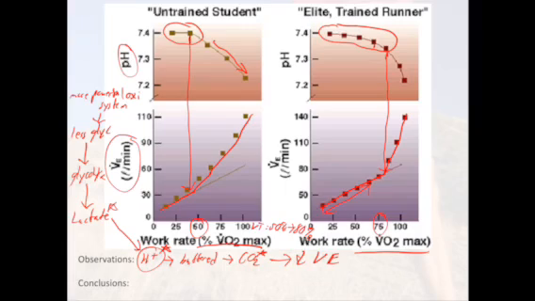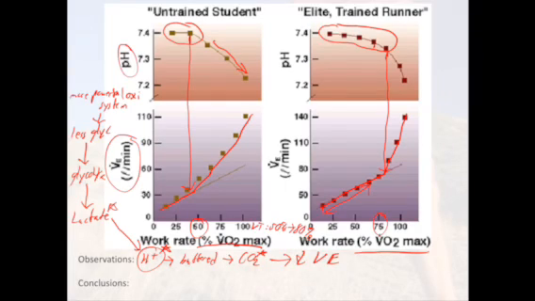Once we train, we become more powerful with our oxidative system, so we don't have to kick in so much of our glycolytic system so fast. We've also gotten better at dealing with the lactate that does come out, so that helps too. We've gotten better at circulating blood to the muscles.